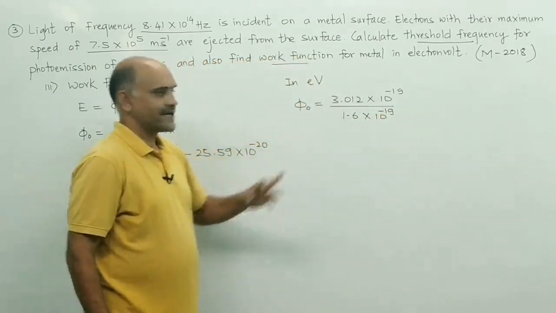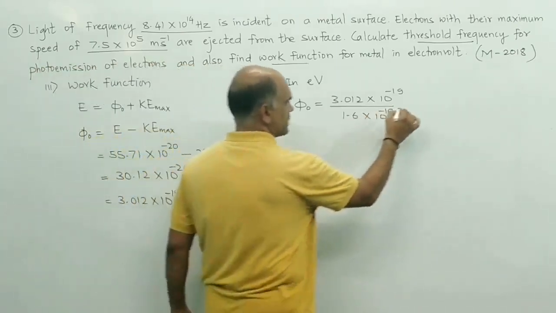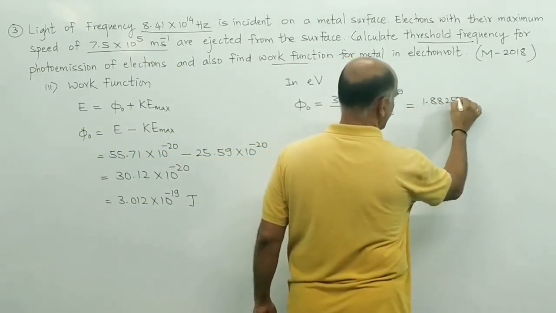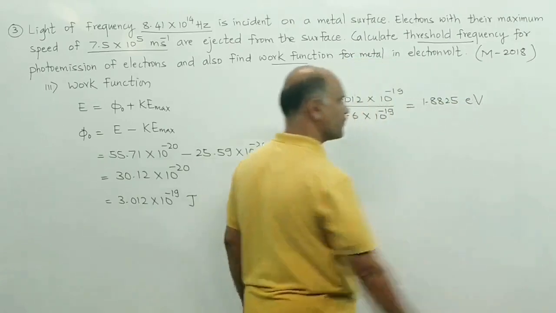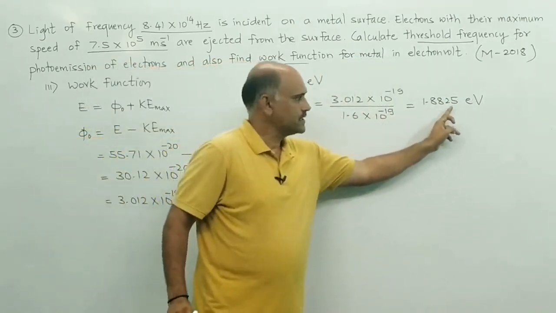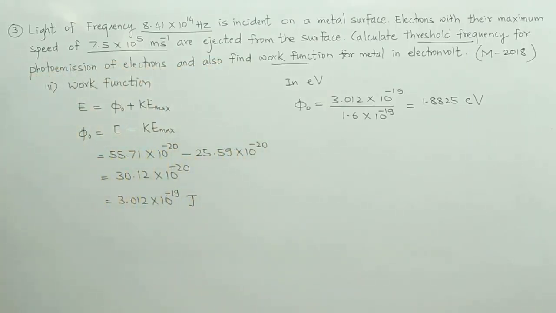So now if you divide this, again use calculator students, you will get 1.8825 electron volt. So work function in electron volt is 1.8825 electron volt.